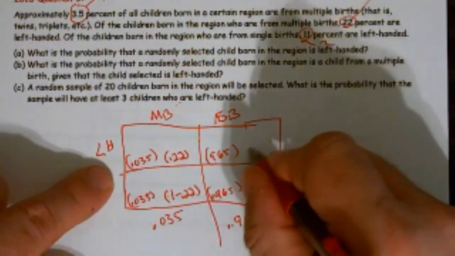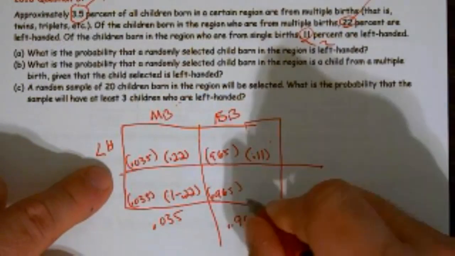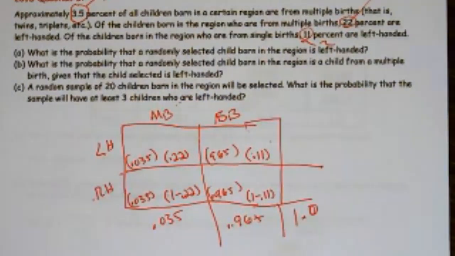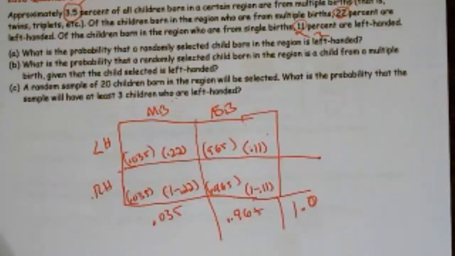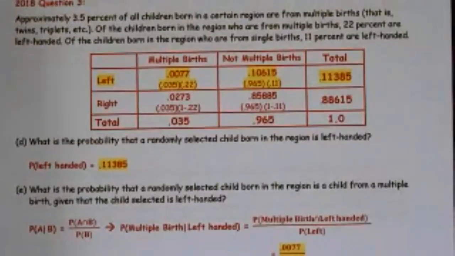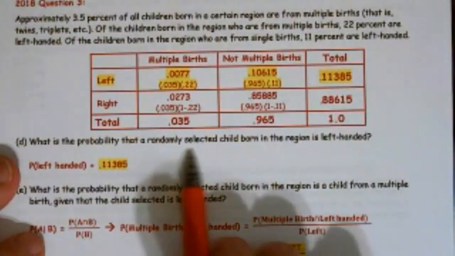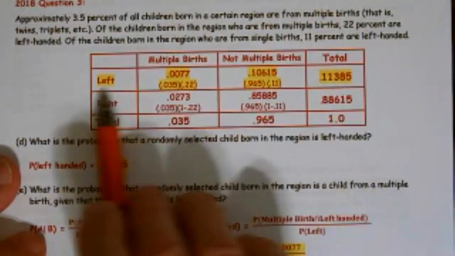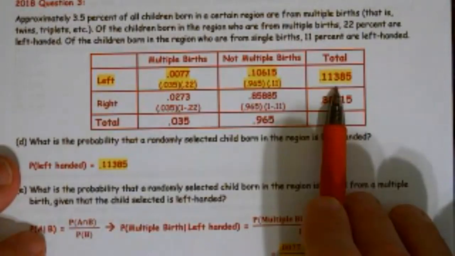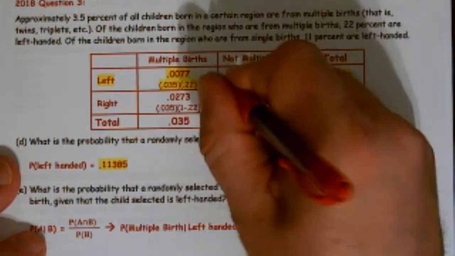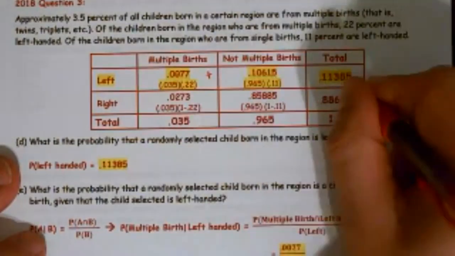So this is 0.11, and this is 1 minus 0.11. And that'll get us to our table, and we can multiply that out. To speed things up, I'm going to flip over to where everything's been multiplied out. So what's the probability a randomly selected child born in the region is left-handed? Well, left-handed would be that row, which is 0.11385, after we multiplied everything out. And remember, this plus this will equal that.